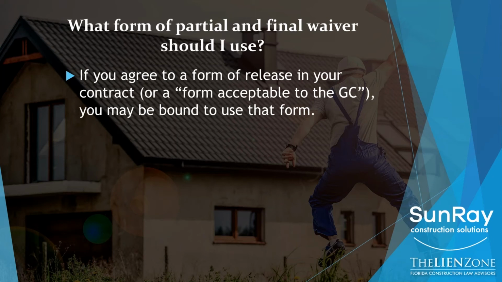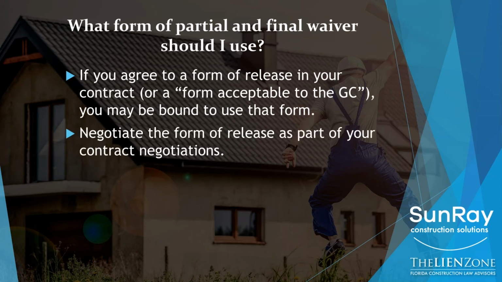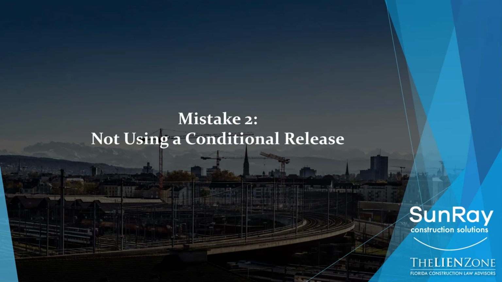So when you negotiate your contract with the contractor, or if you're a sub-sub and you're negotiating with the subcontractor, you need to make sure that you look at those exhibits. What form of release is the contractor expecting you to sign and turn in with every pay request? If you have an issue with it, you need to deal with it at the time that you sign the contract. Don't wait until you've signed the contract, agree to a form, and then want to object to it later. That's much, much harder to do. So that's mistake number one.